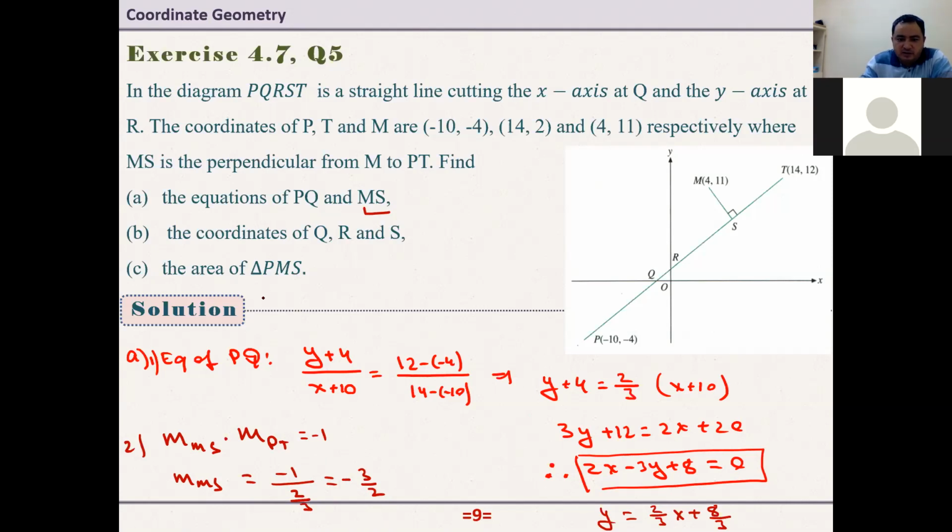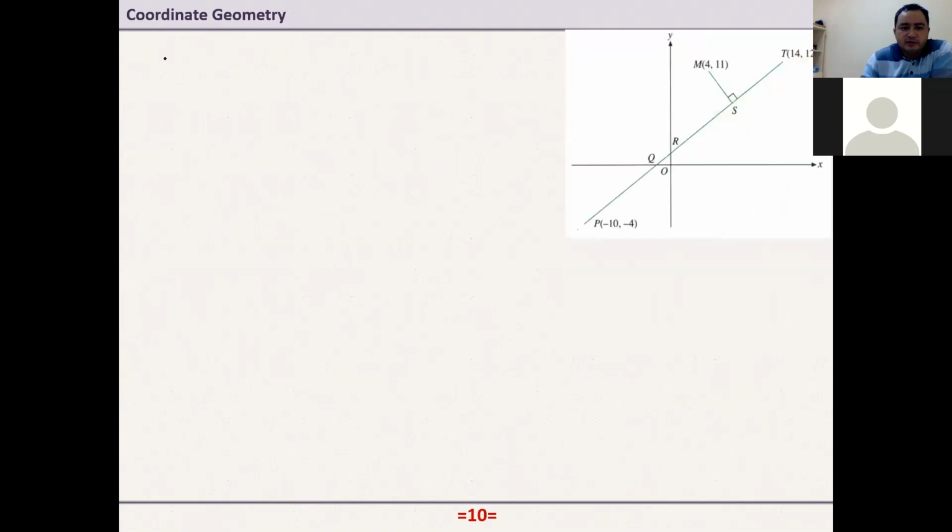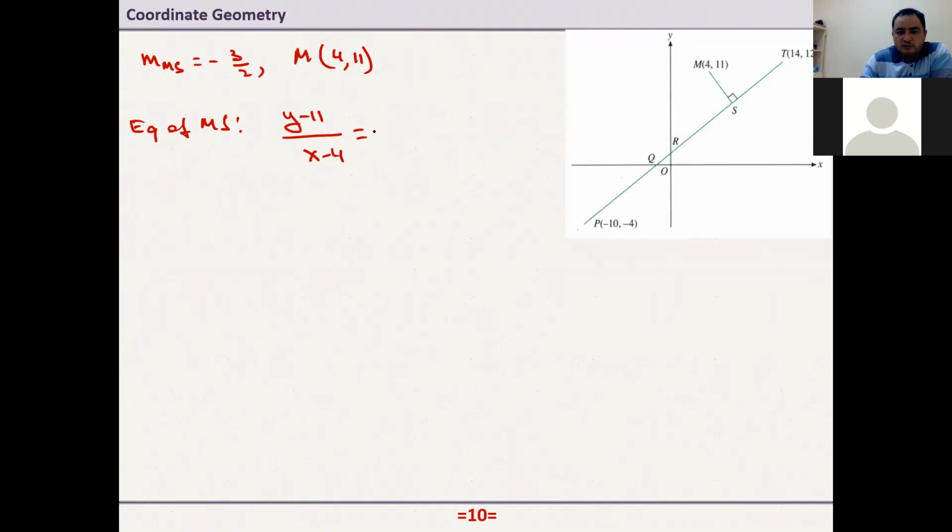So gradient of MS equals -3 over 2, and it is passing through this point, (4, 11). Then the equation of MS would be (y minus 11) over (x minus 4), that's equal to, on the right hand side, the gradient.